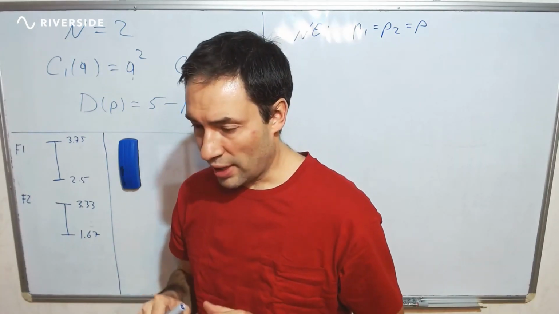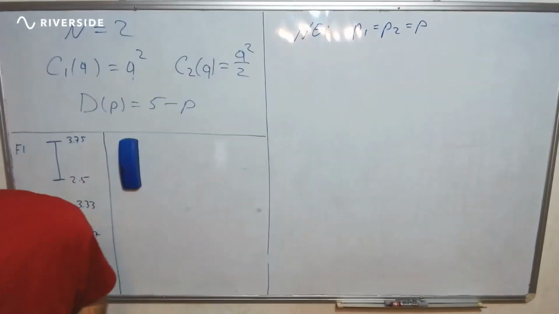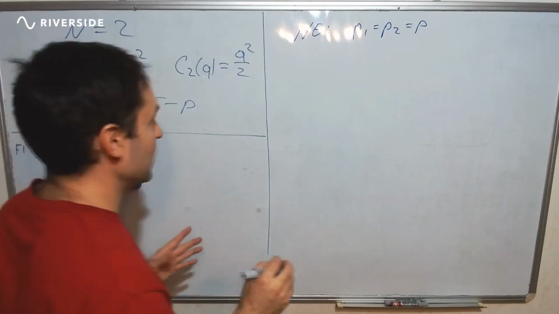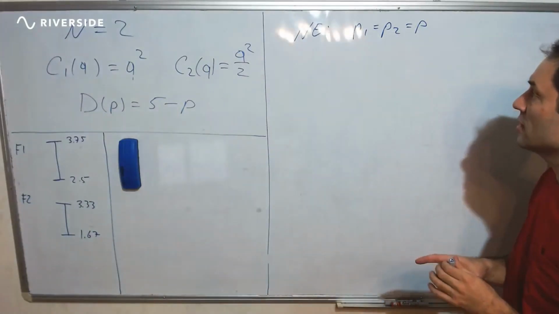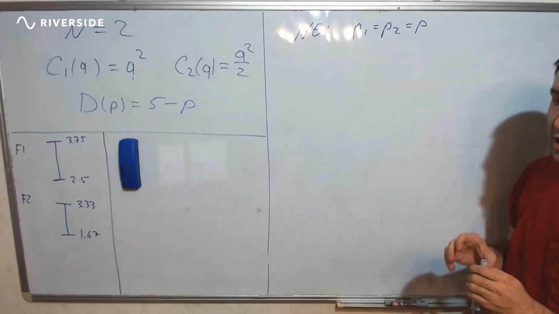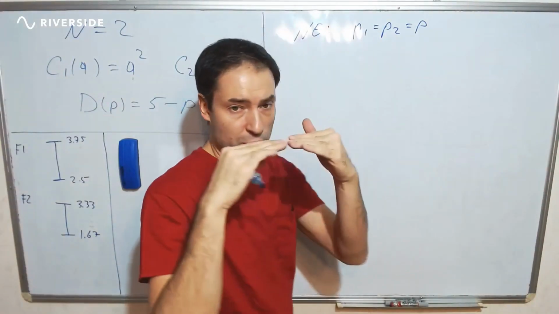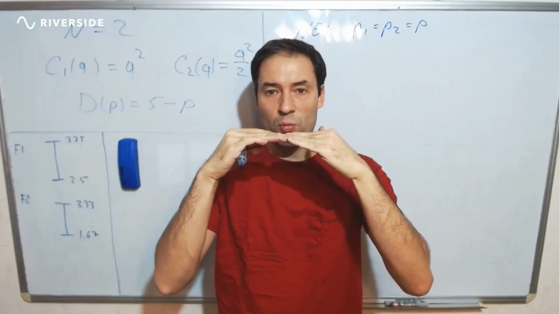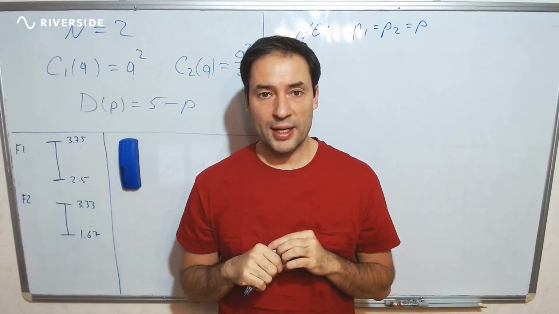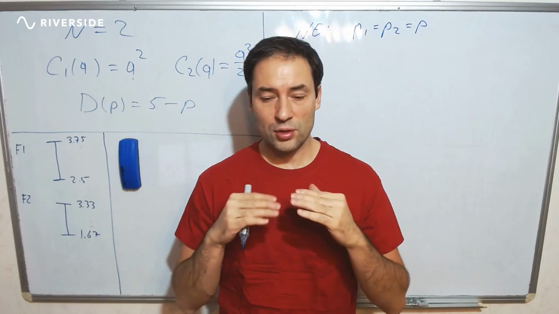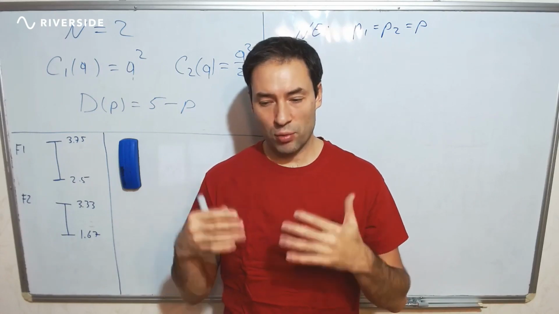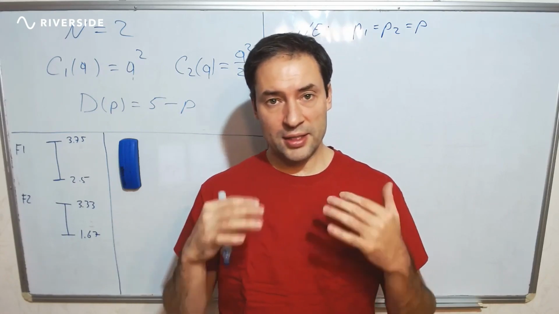So that's what's going to happen. Let's find the ranges for the Nash equilibria. When both firms charge the same price, it won't be a Nash equilibrium if one of the firms is making negative profit. So the price has to be such that both firms are making 0 or more.